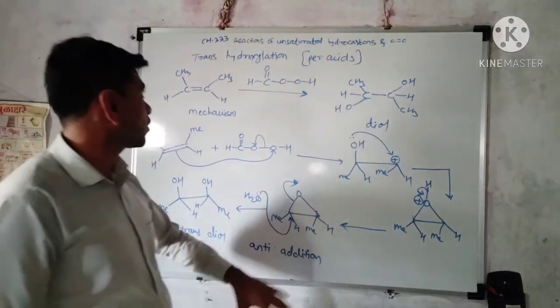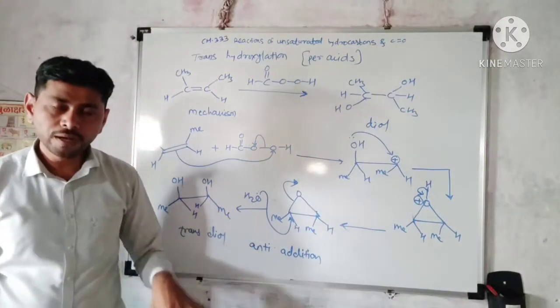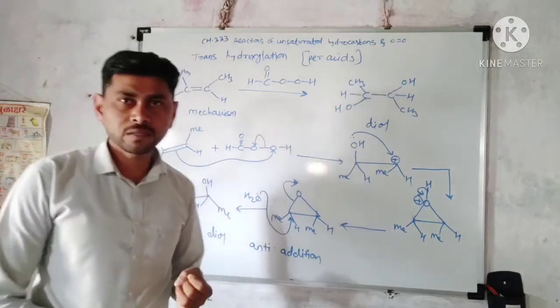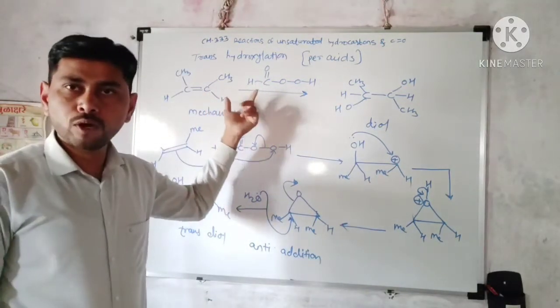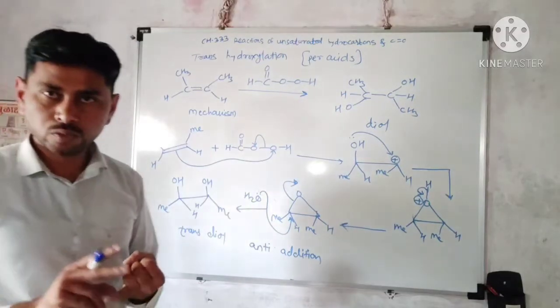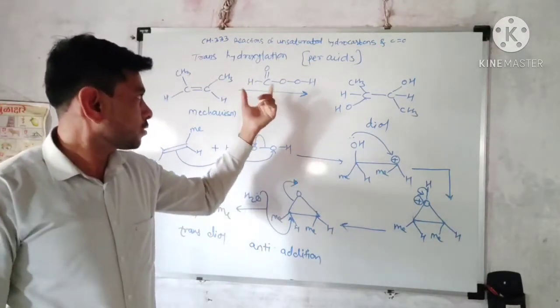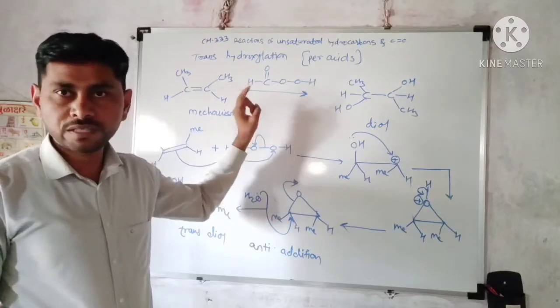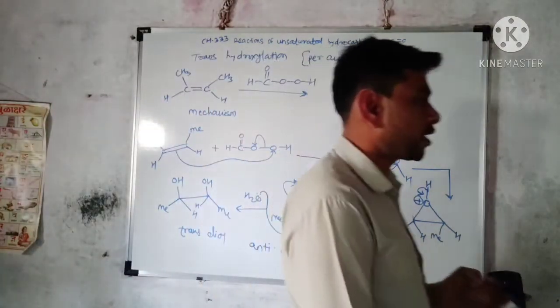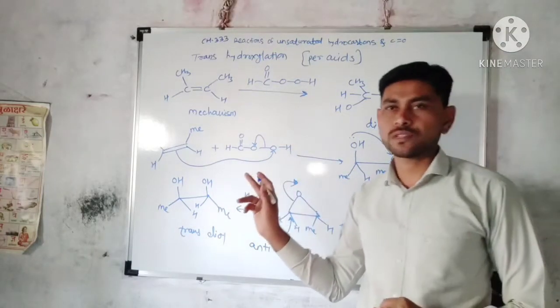So this is all about hydroxylation. Hydroxylation process means diol formation. Diol formation takes place from a carbon-carbon double bond. So diol formation by using KMnO4 is possible, but this is cis hydroxylation. By using osmium tetroxide is possible, this is also cis hydroxylation.